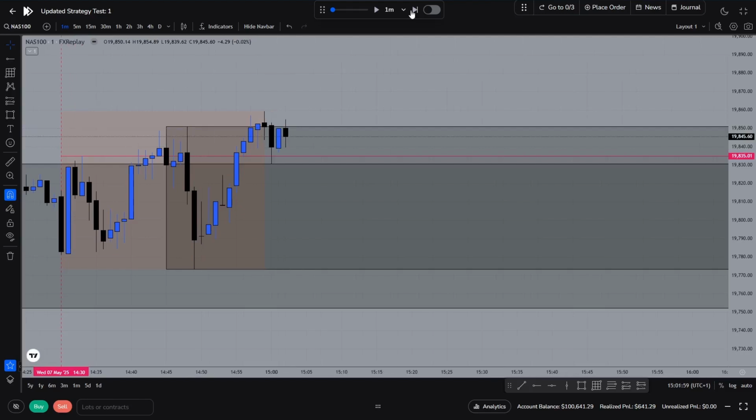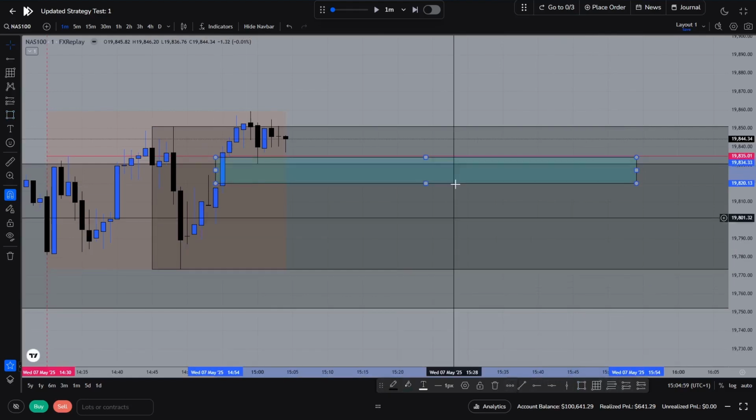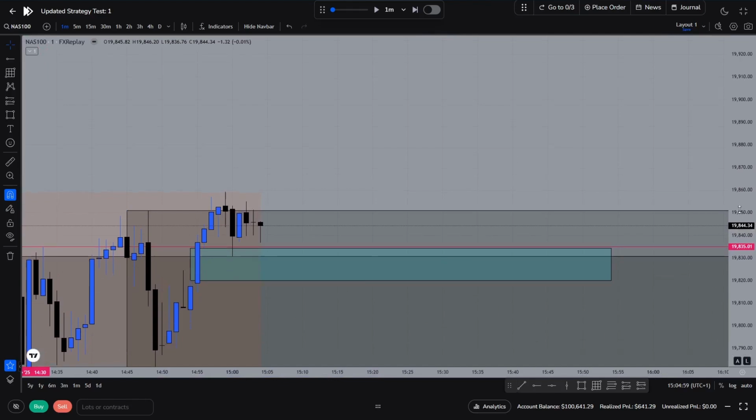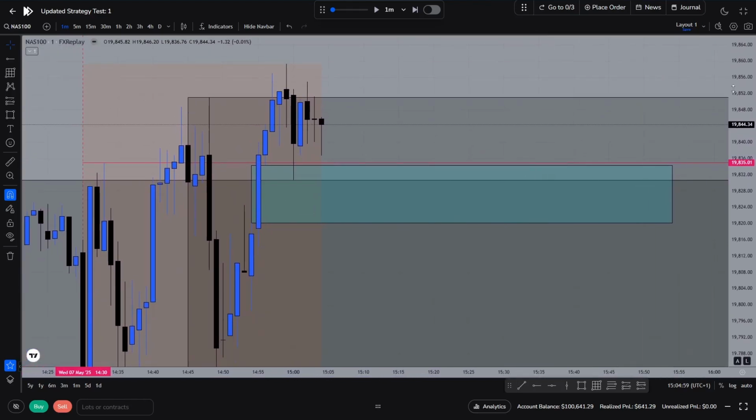Nope, no break of structure yet. Came back into this fair value gap here. 1 minute, I believe. I really respected it. See how much it wants to respect it by.